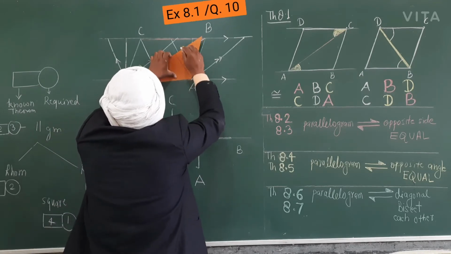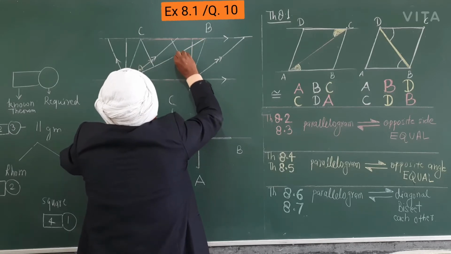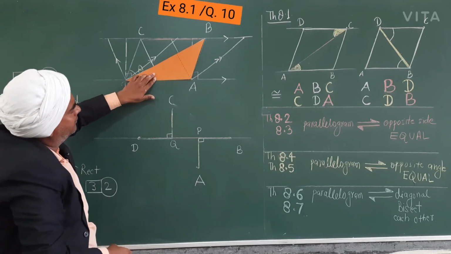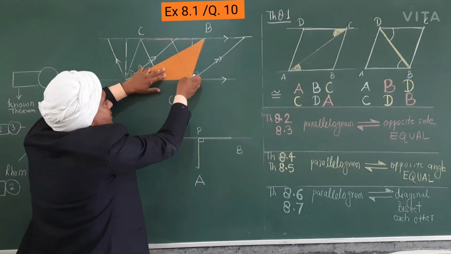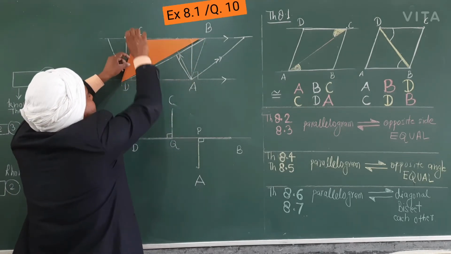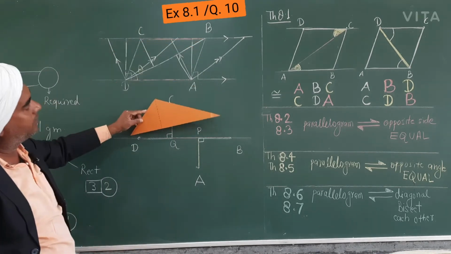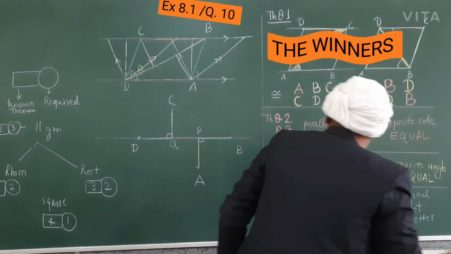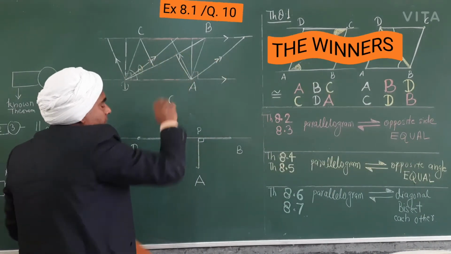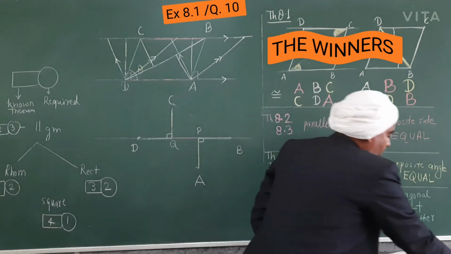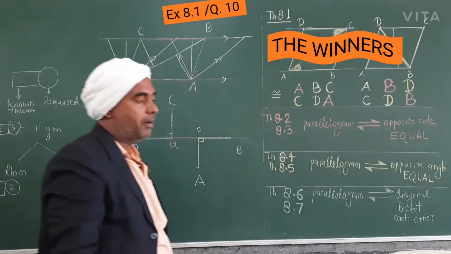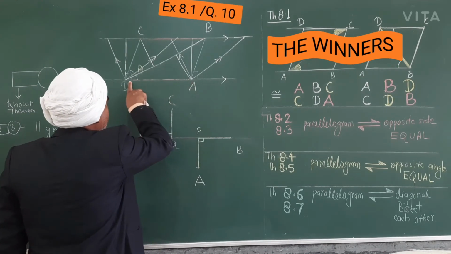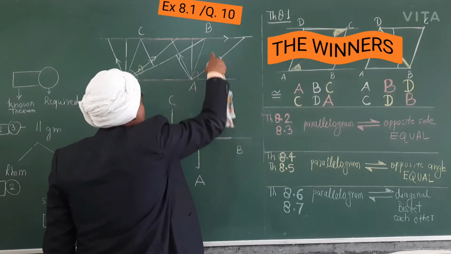You are observing that the perpendiculars are the same because we have changed the orientation. This figure, what I have told you, with many parallelograms on the same base between two parallel lines, you will read about in chapter number 9.